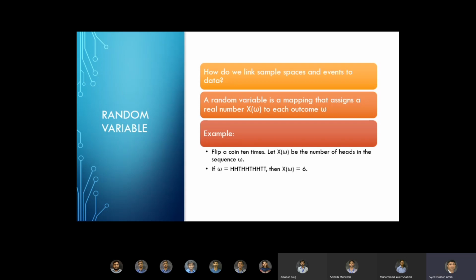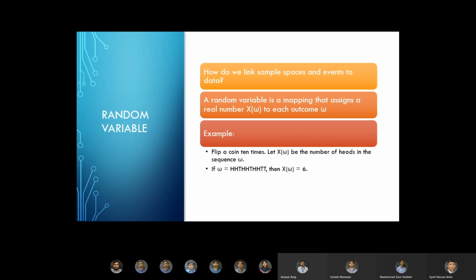we have a random variable, which is a mapping that assigns a real number X of omega to each outcome omega. So a random variable is essentially a mapping that gives you a number for each event omega. For example, you flip a coin 10 times, and let X of omega be the number of heads in the sequence omega.